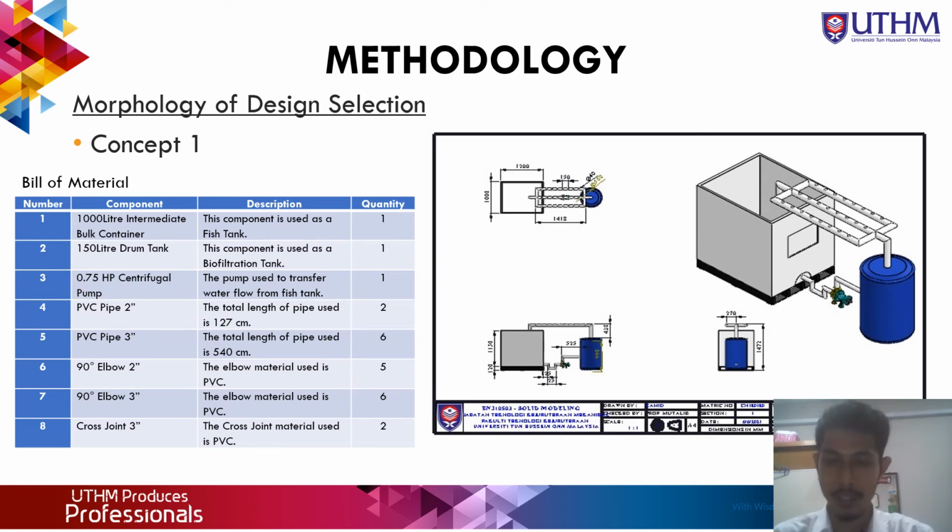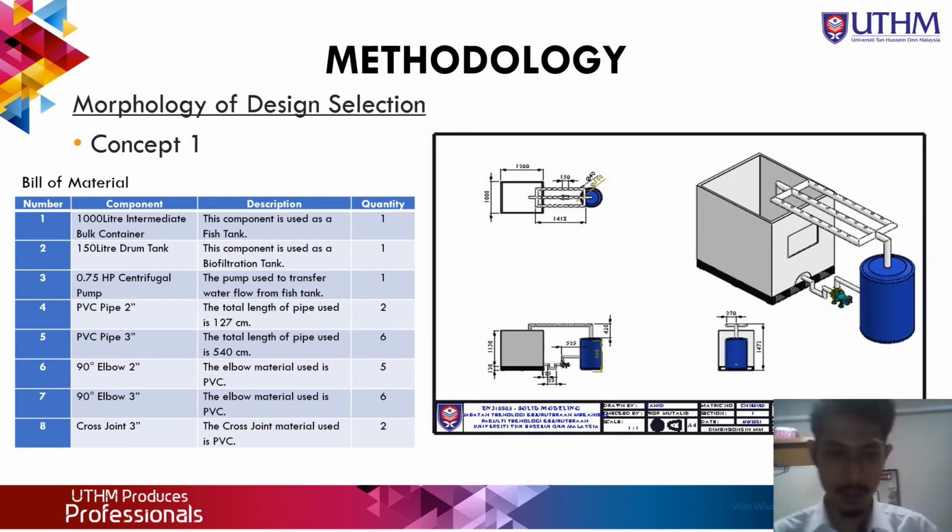Okay, so next is the morphology of design selection, where we need to develop more than one design to select the best layout. This is the first concept, which uses the same units and equipment, but differs in the hydroponic unit.